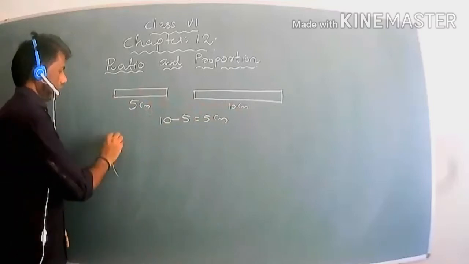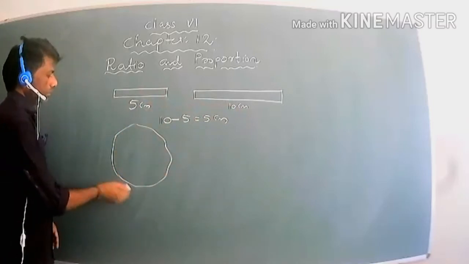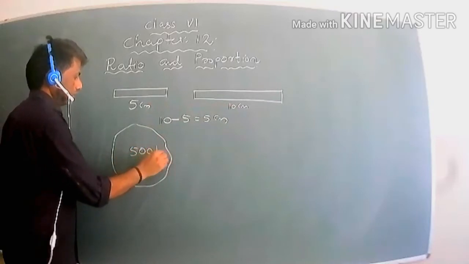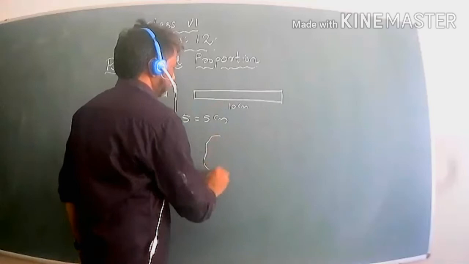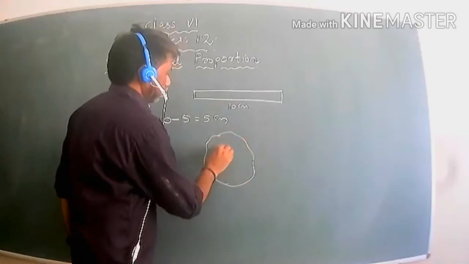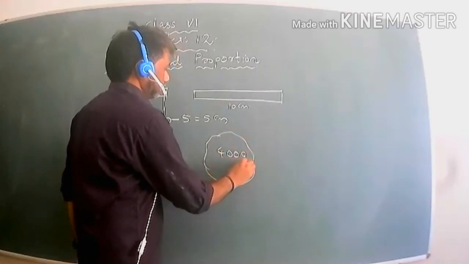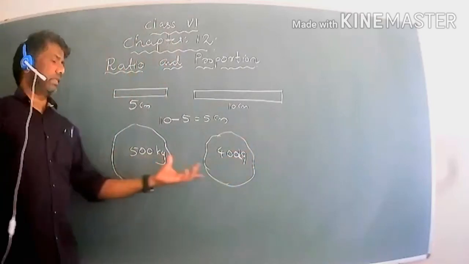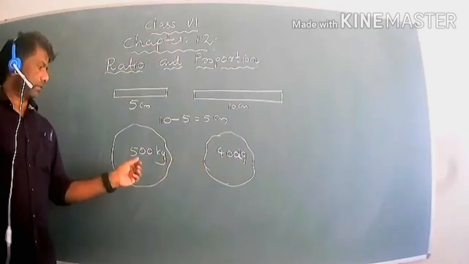Similarly, this is the weight. This is a metal of 500 kg, and this is another metal having 400 kg. So which one is having more weight?